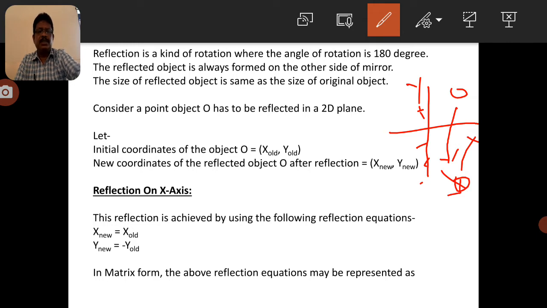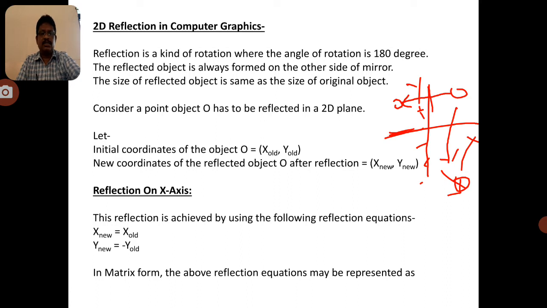If the same object is reflected on the y-axis, the y value is the same and the negative sign is taken on the x value. This is the key point of this concept which we have to apply.